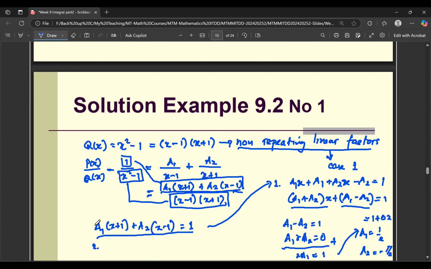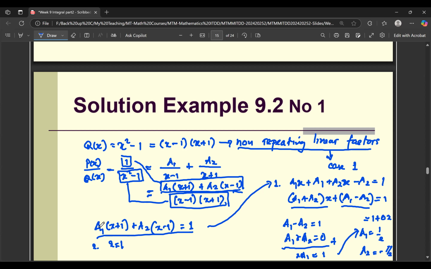But the clue is you must choose a value that makes it simple to find the solution A1 and A2. For example, in this equation, we can substitute x by 1. Why? Because if we substitute x by 1, the second component will be 0.